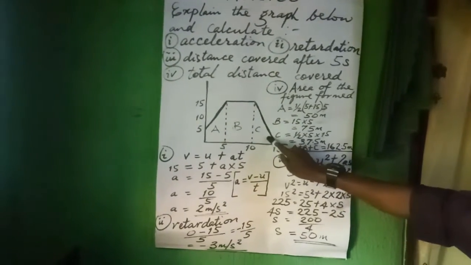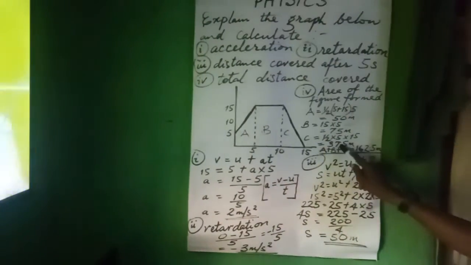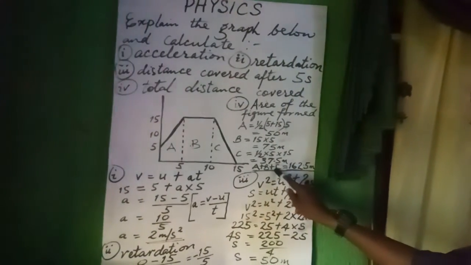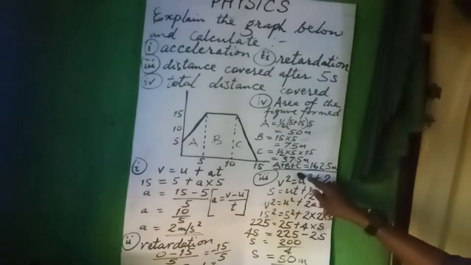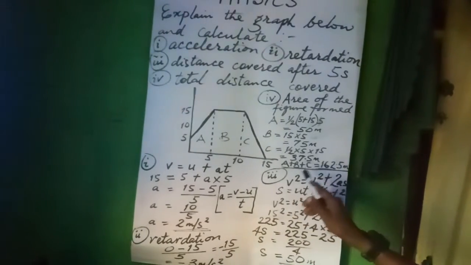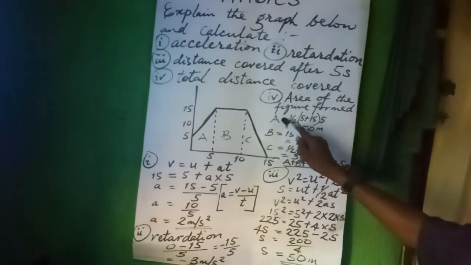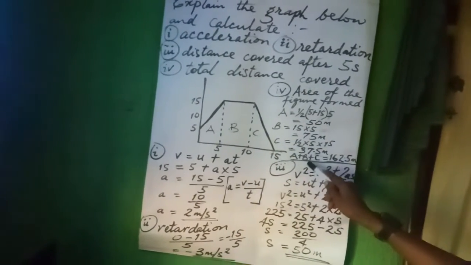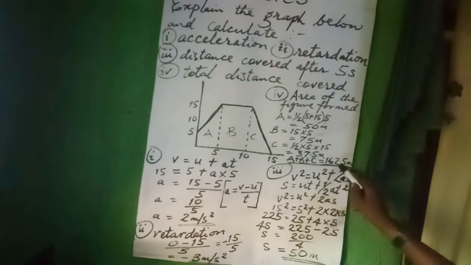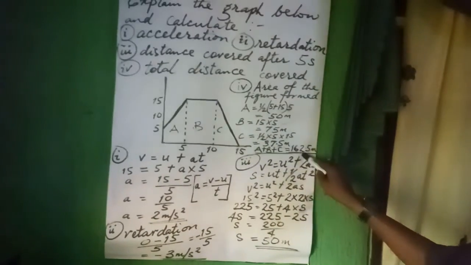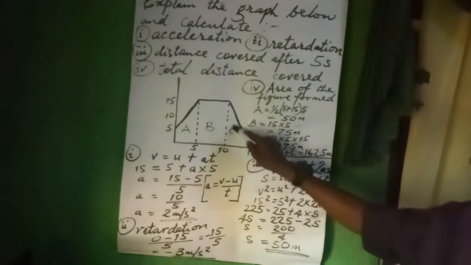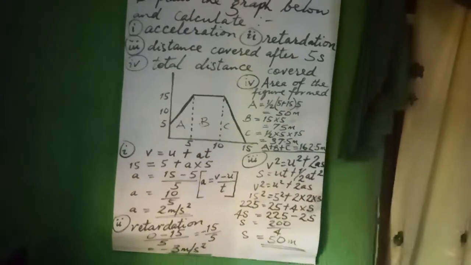And C, area of a triangle, half base times height. When we do that, we are going to get 37.5 meters. So what we will have is A plus B plus C. When we add up the 3, we are going to have 162.5 meters. That gives us the total journey covered.